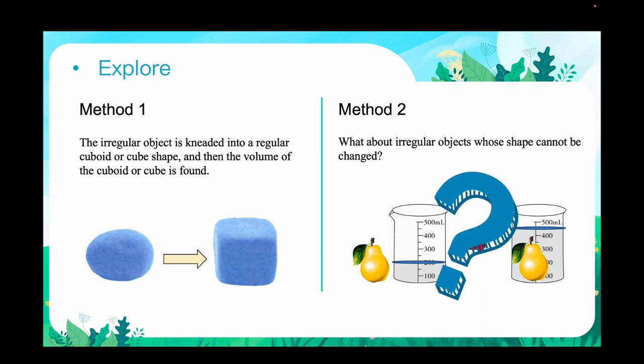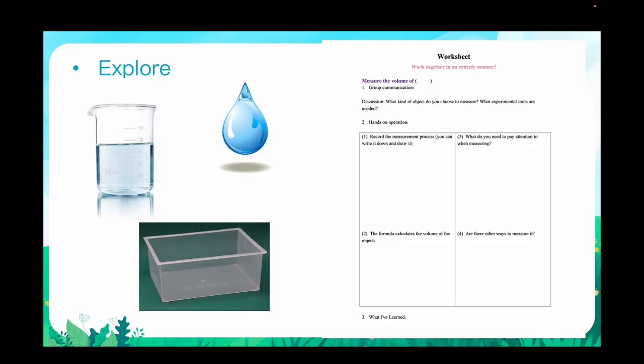But how do we measure it? Students are required to work in small groups for real and effective inquiry. Students work in groups of 4 to measure the volume of irregular objects using experimental instruments such as beakers and sinks. While completing the experiments, each group has a worksheet that students need to fill out and think about: What is your measurement process?